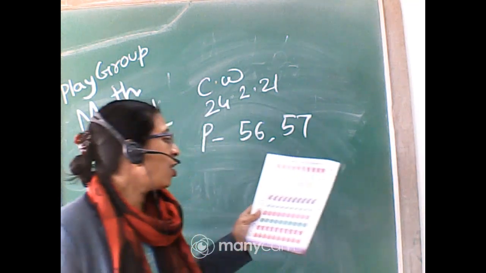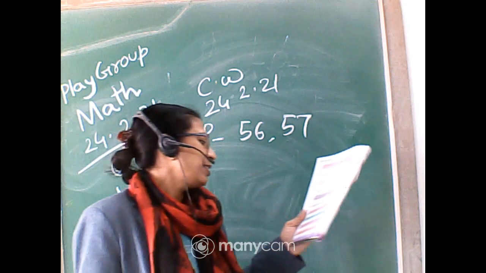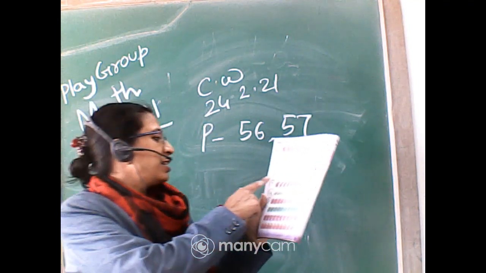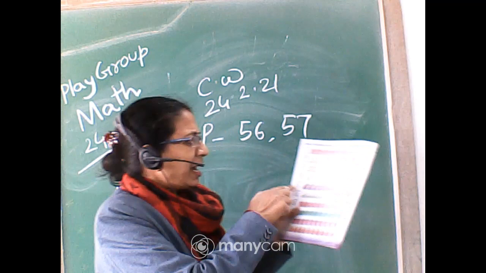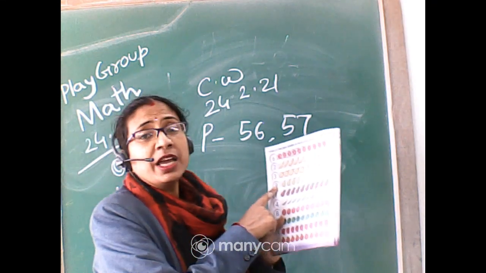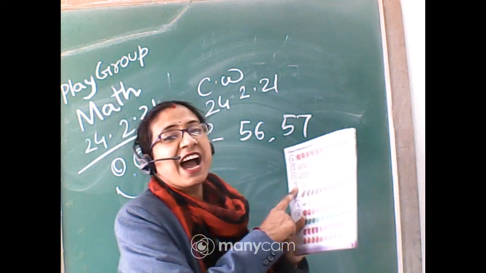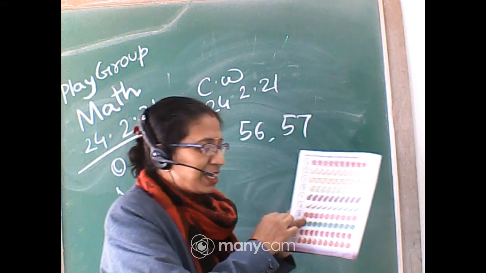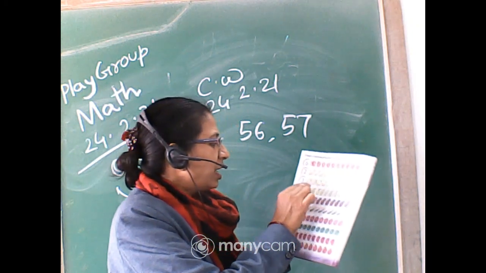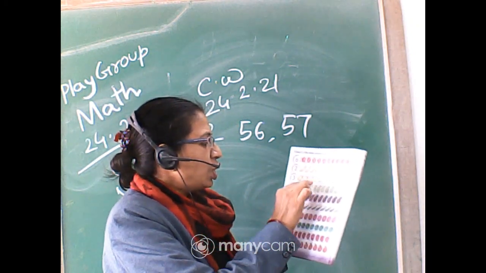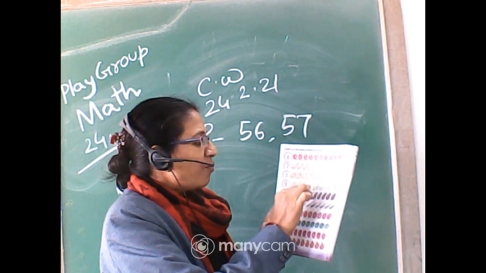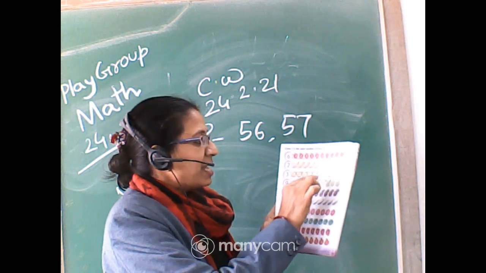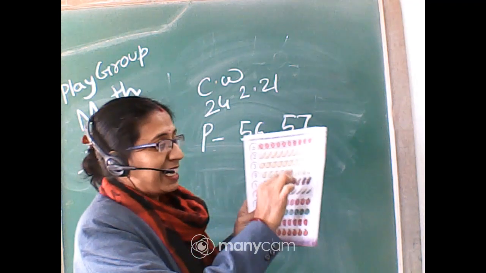Next, move on. Pear. So many are there? 9. We have to cross out the 9. Now let's start with me. 1, 2, 3, 4, 5, 6, 7, 8, 9.